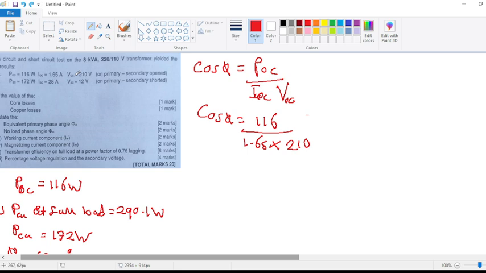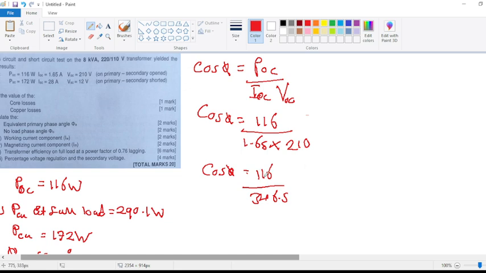So the voltage on the open circuit was 210. So the no load cos theta equals 116 divided by 1.65 multiplied by 210, which gives 346.5.